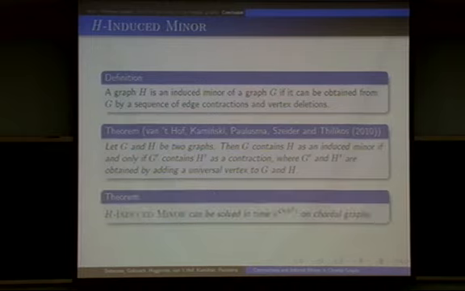So H induced minor can be solved in polynomial time on chordal graphs because of that: you just take your graph G and H, you add the universal vertex, and you solve H-contractibility on the two graphs you get.